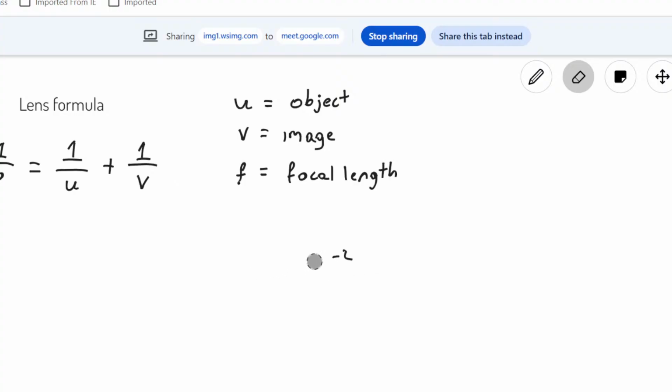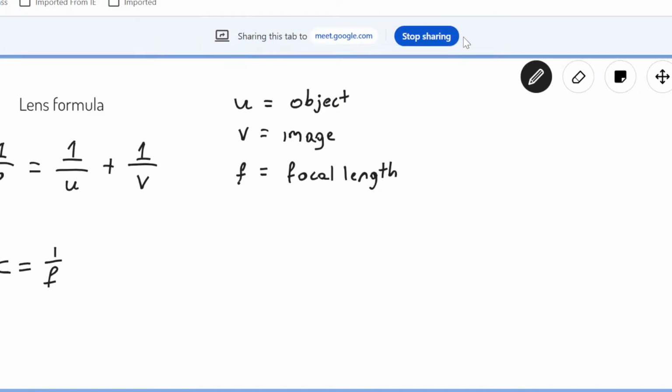It's the average of C1 and C2. So what would C be equal to in this case? C equals 1 over f. What's the average of 6.5 and 6.7? 6.6. Alright, so C would be 6.6 times 10 to the minus 2.